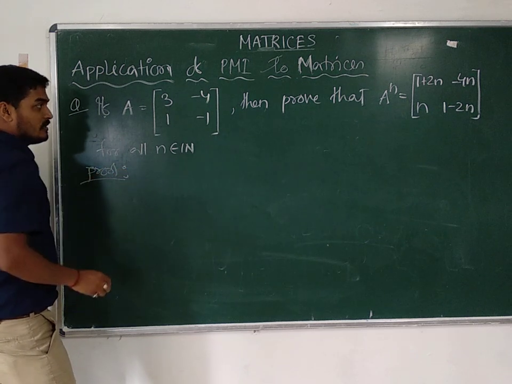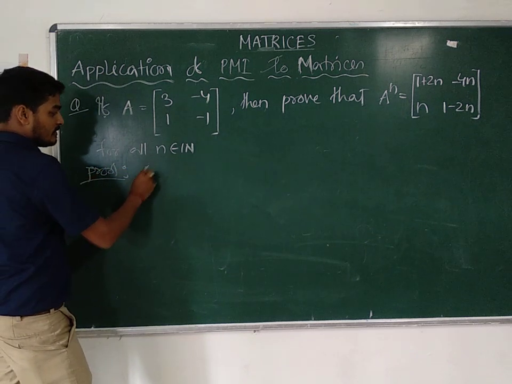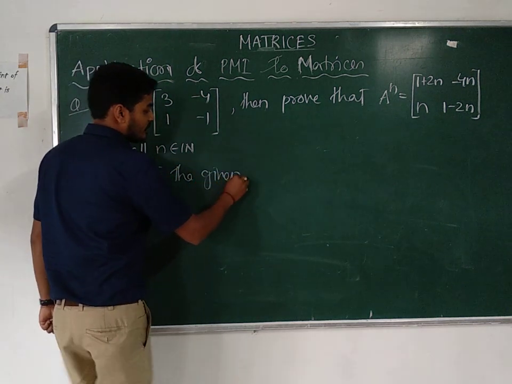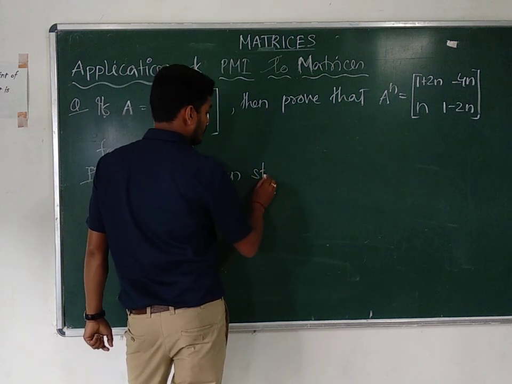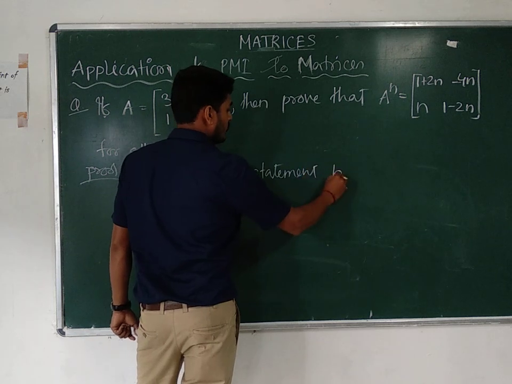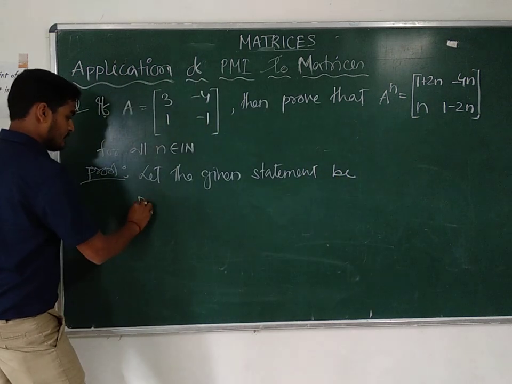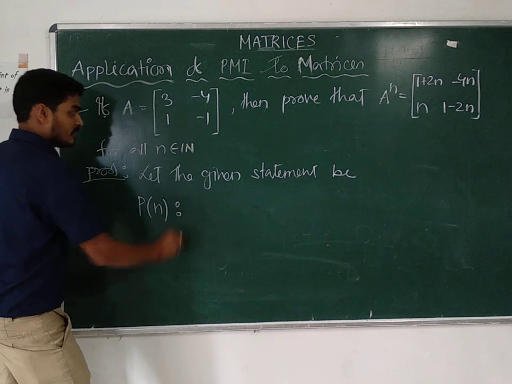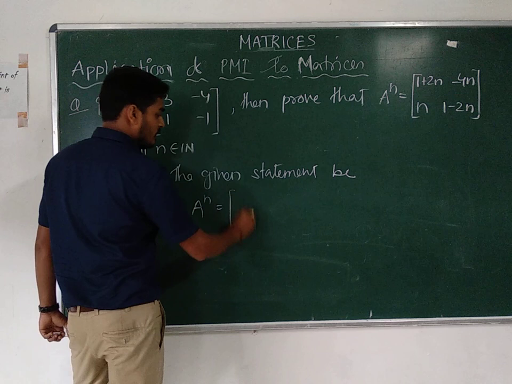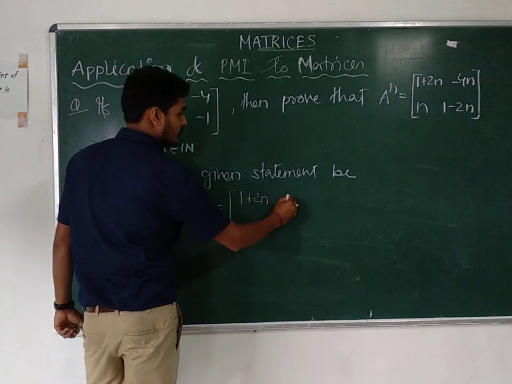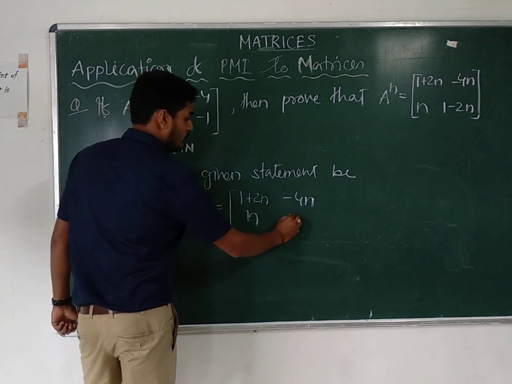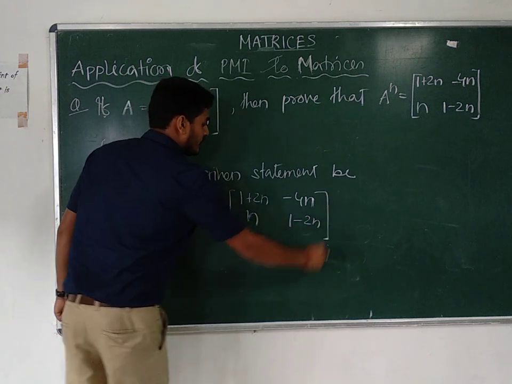First of all, let the given statement be, as it is known to you, represented by P of n, such that A to the power n is equal to [1+2n, -4n; n, 1-2n]. We have to write it.